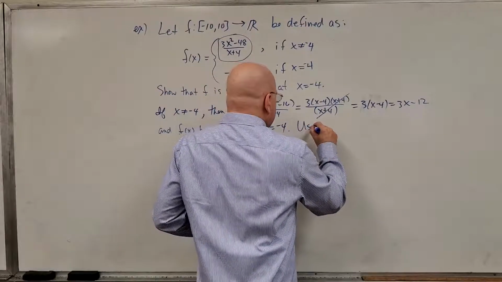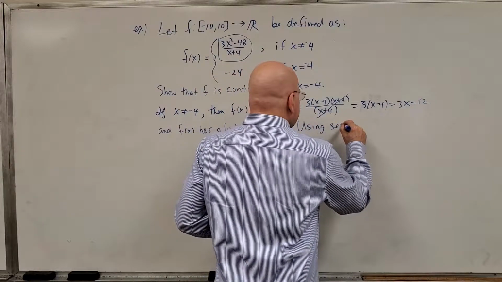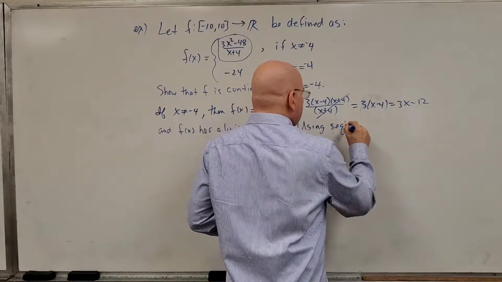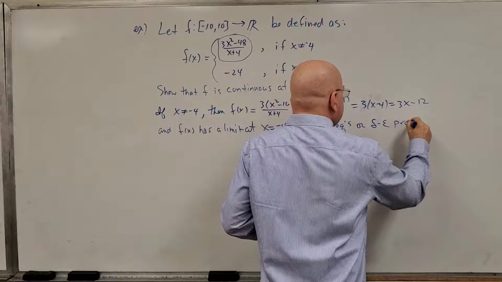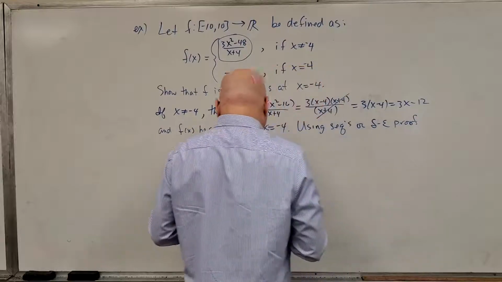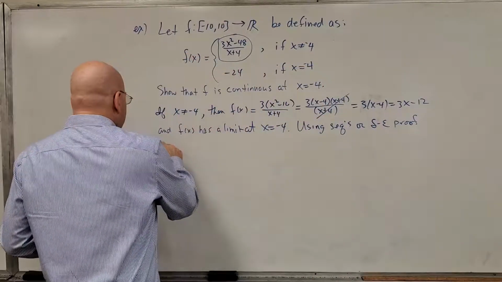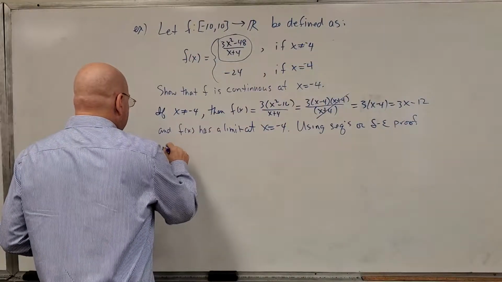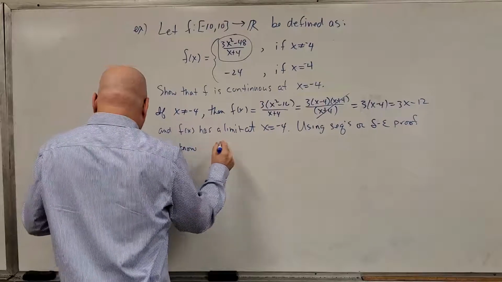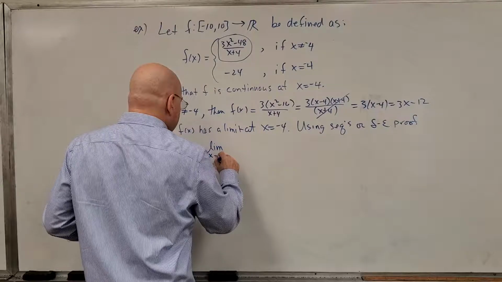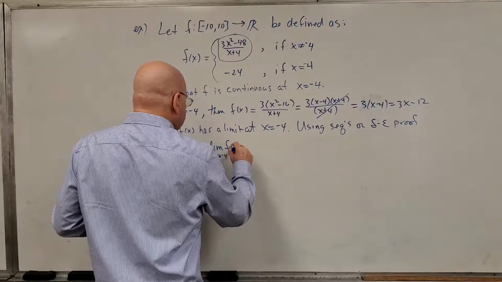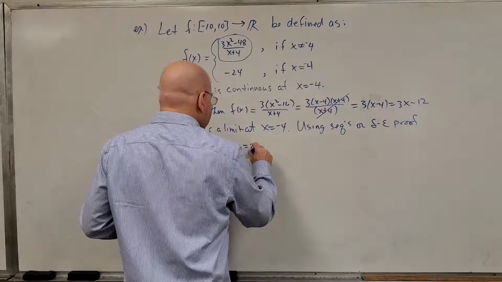So either using sequences or a delta epsilon proof, we know that the limit as x goes to negative 4 of f of x is equal to negative 24.